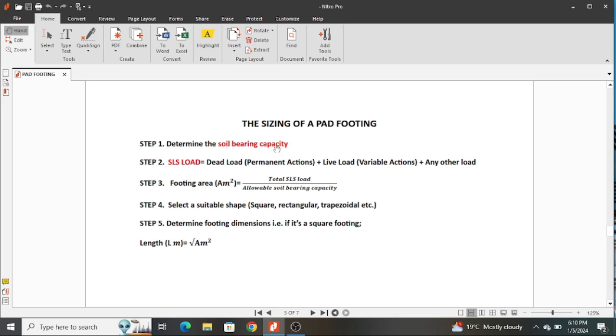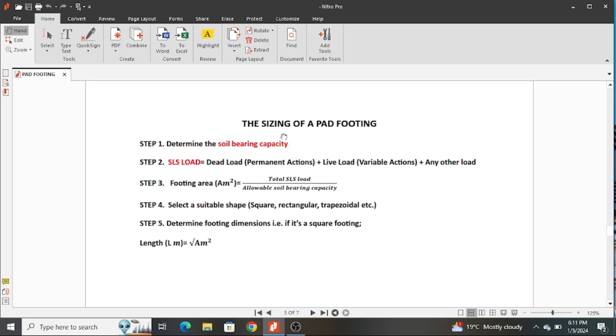Then after determining the soil bearing capacity, in most cases, for instance, when we do design of mansionettes or very light structures, sometimes we don't determine the bearing capacity. We might look at the soil. We dig trowel pits to get to the surface, and we look at the soil and assume a tentative allowable bearing capacity that we can use for our design.